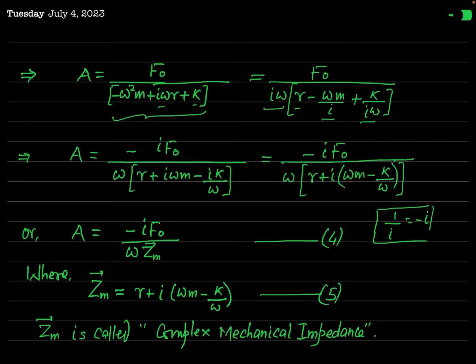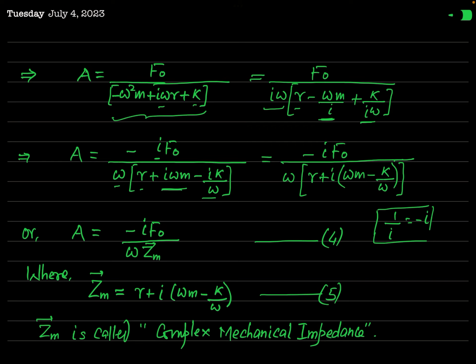So for 1 over i I have written here minus i, and so A is equal to minus i f naught divided by omega times r plus i omega m, because here again for this 1 over i we write minus i, but minus is already present here, so the second term becomes plus i omega m, and in the third term there is 1 over i which is minus i, so this can be written as minus ik over omega.